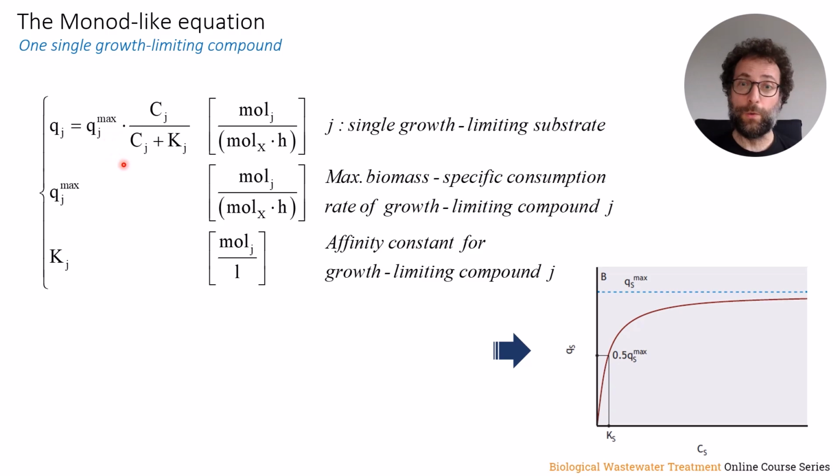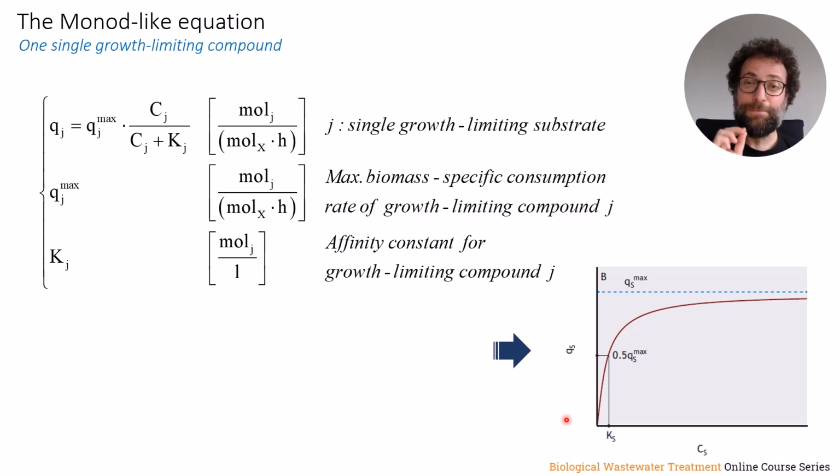However, at lower concentrations, this term starts to play a significant role in decreasing the substrate consumption rate compared to the maximum one. And this is also called the half saturation constant, because it's the value of the concentration at which the substrate consumption rate is halved.